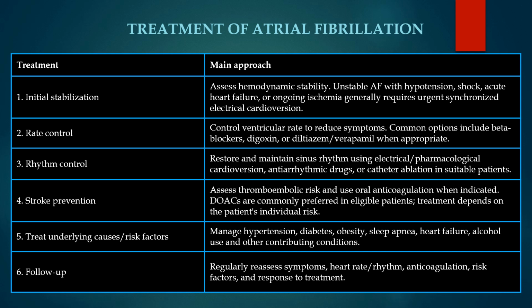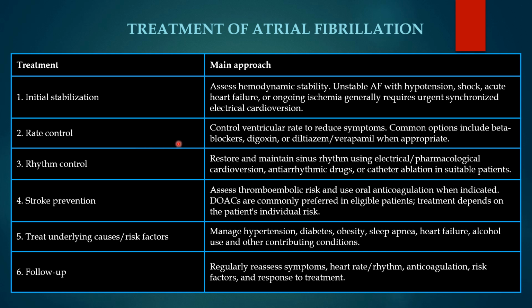Let's move on to the treatment options of atrial fibrillation. Whenever you are receiving the patient, first assess for hemodynamic stability. If the patient is unstable with hypotension, shock, acute heart failure, or ongoing ischemia, then generally requires urgent synchronized electrical cardioversion. Next is rate control.